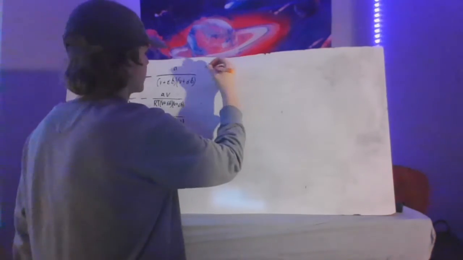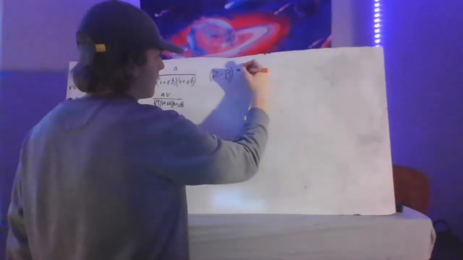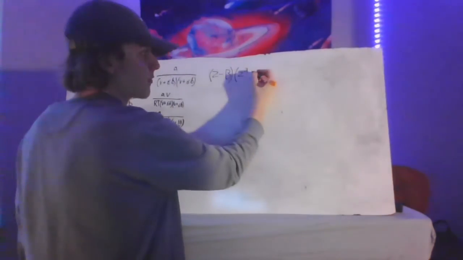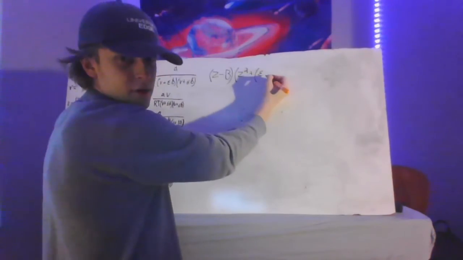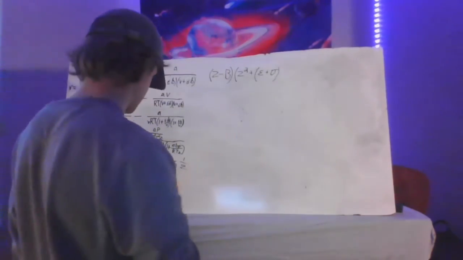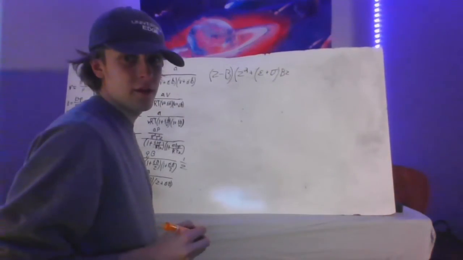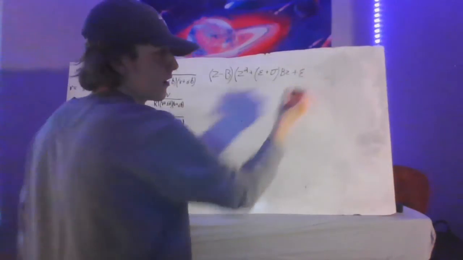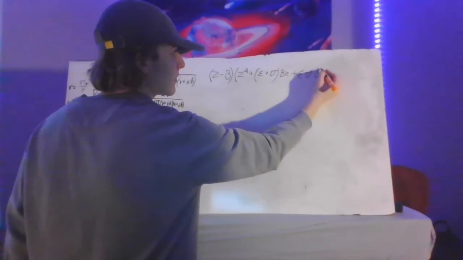So the left side of the equation will end up being Z minus beta times Z squared plus epsilon plus sigma times beta Z, and then epsilon sigma beta squared.